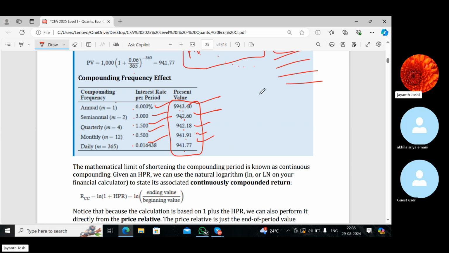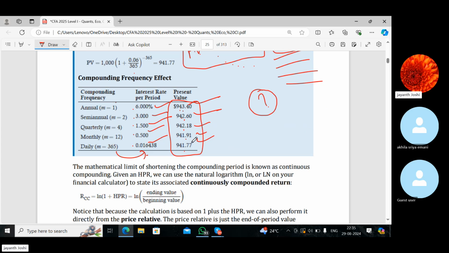But one question I'm asking you. See, with more compounding frequency, should the value increase more, or increase less? My question is, with more and more compounding frequency, see here, daily compounding is happening.